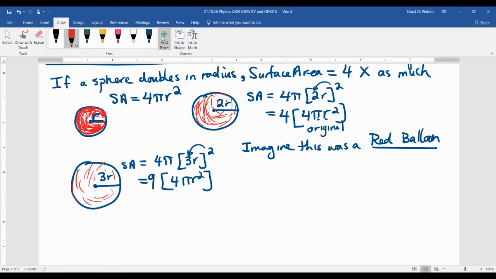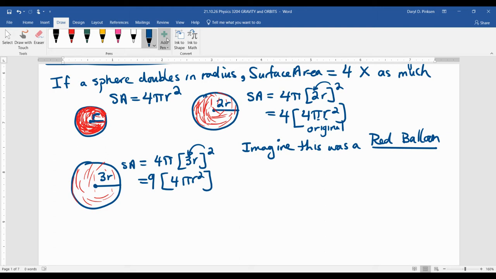So you can think about the gravitational force as being like the amount of red dye in a balloon, and you can keep blowing it up and blowing it up and blowing it up. The amount of red dye is never going to change. It's just going to dilute. You're not losing any red dye, but what you're losing is the intensity. It's going to decrease as you get a bigger and bigger balloon. It'll start off deeply red, and then it'll kind of start fading, and then it'll eventually be pink, and then very, very light pink. So it's the same thing that happens with gravity.